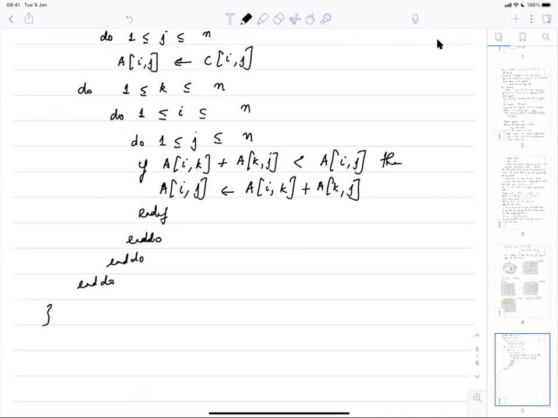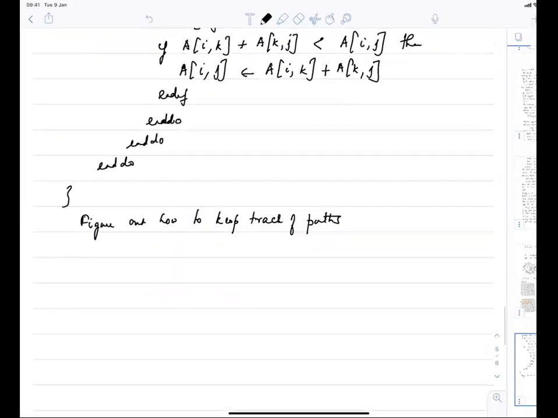Again, figure out how to keep track of paths, and this algorithm is also attributed to Warshall, and this is called the Floyd-Warshall algorithm.